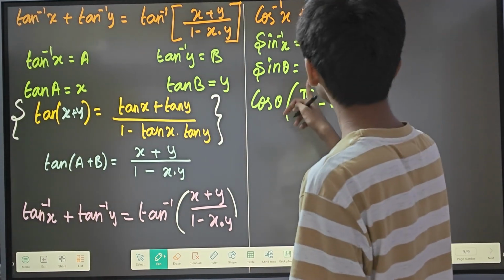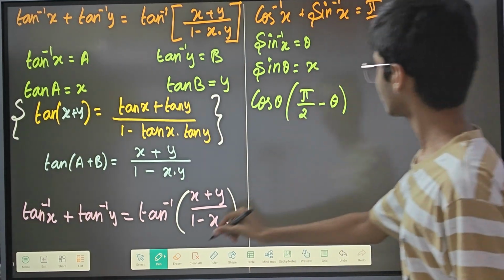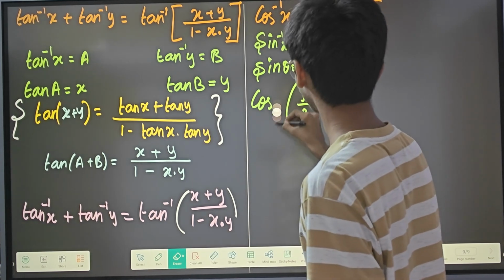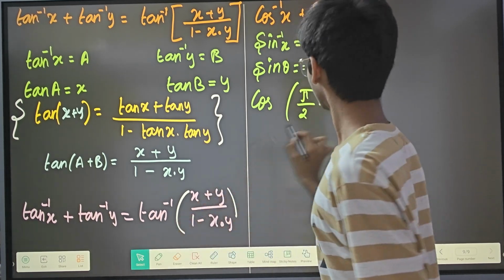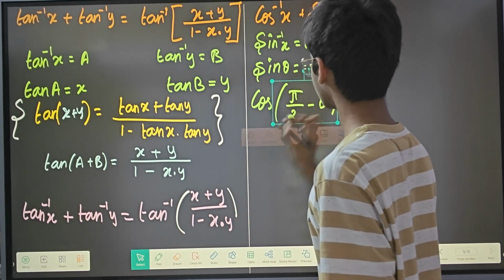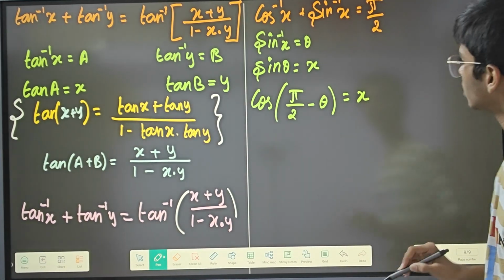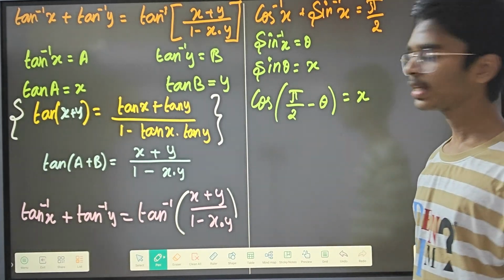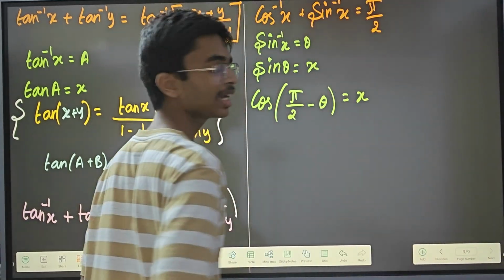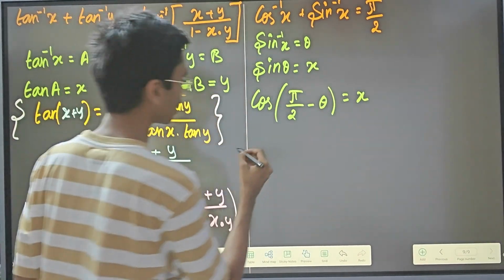Okay, so cos of pi by 2 minus theta is equal to x. What is x? X is equal to sin theta, right? So we will put sin theta here. Sin x is not allowed, but sin theta is allowed.